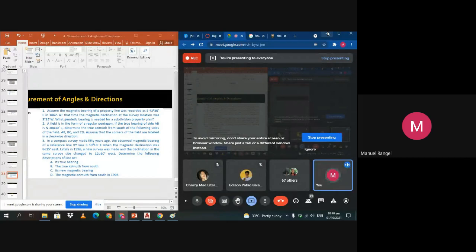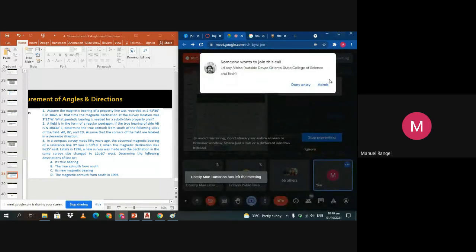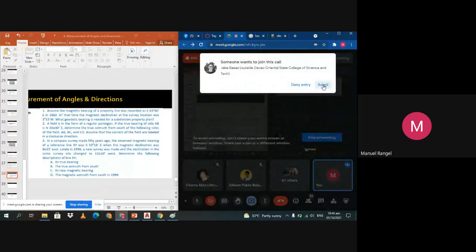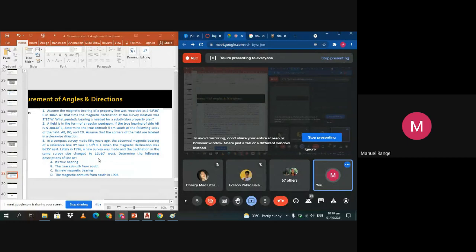And for number 3: in a compass survey made 50 years ago, the observed magnetic bearing of a reference line XY was south 50 degrees 30 minutes east, when the magnetic declination was 8 degrees 15 minutes east. Lately in 1996, a new survey was made, and the declination at the same survey site changed to 12 degrees 10 minutes west. Determine the following descriptions of the line XY.